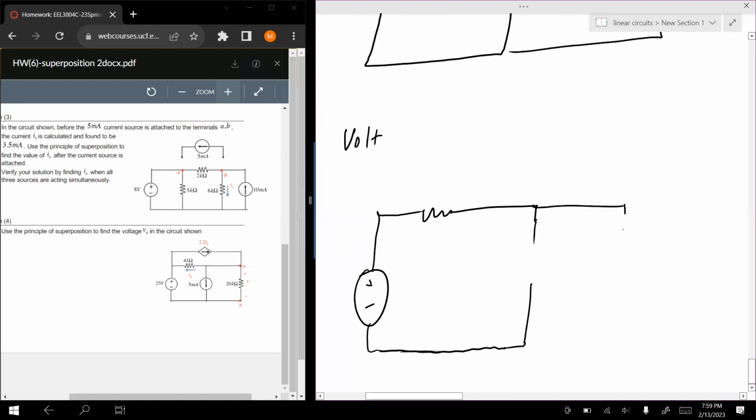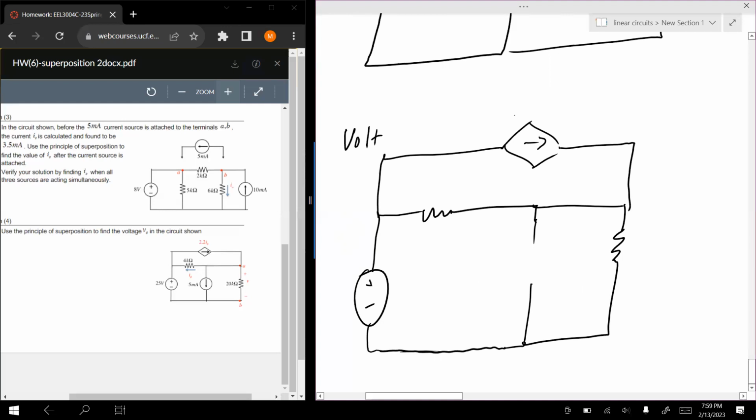And then this is going to go resistor, current source, 2.2 I V, plus minus V, 20 kilo ohms, 4 kilo ohms. You have your current flowing through there. Okay. So here's what I'm going to do actually. 25 volts.